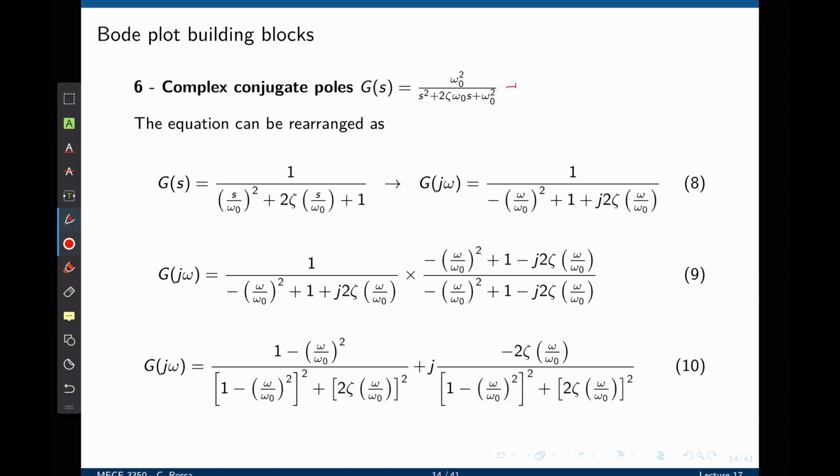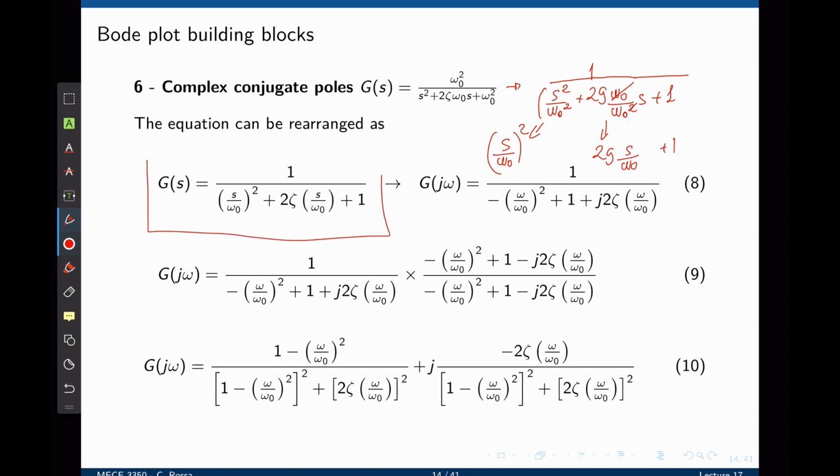If you divide the top and the bottom of this equation by omega 0 squared, we have 1 over s squared divided by omega 0 squared plus 2 zeta omega 0 over omega 0 squared times s plus 1. The first term here can be rearranged as s over omega 0 all squared, and this omega 0 will cancel with the square here, so this becomes 2 zeta s over omega 0, plus 1, of course.